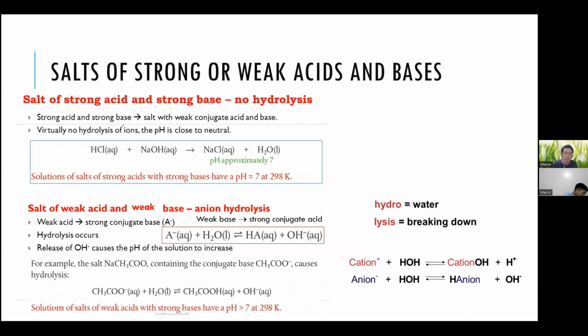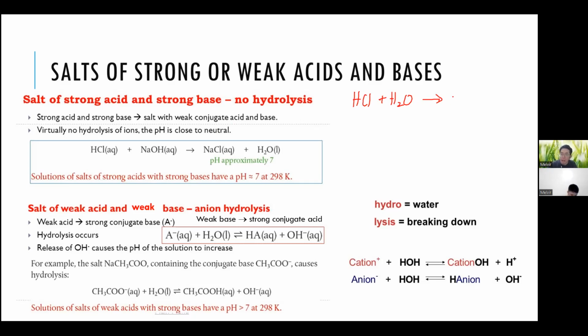So, strong acid and strong bases will produce salt with weak conjugate acids and bases. So, theoretically speaking, let's say ito sa HCl. Di ba strong acid naman to, Josh? So, we will have a full arrow, no?